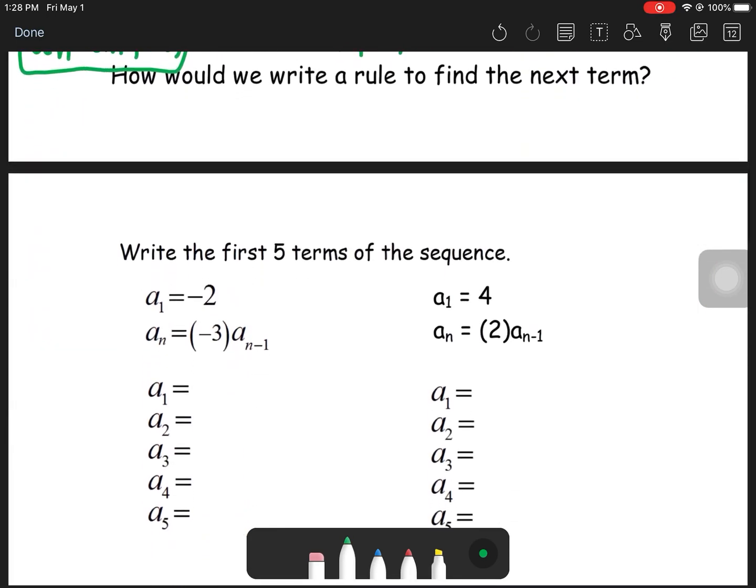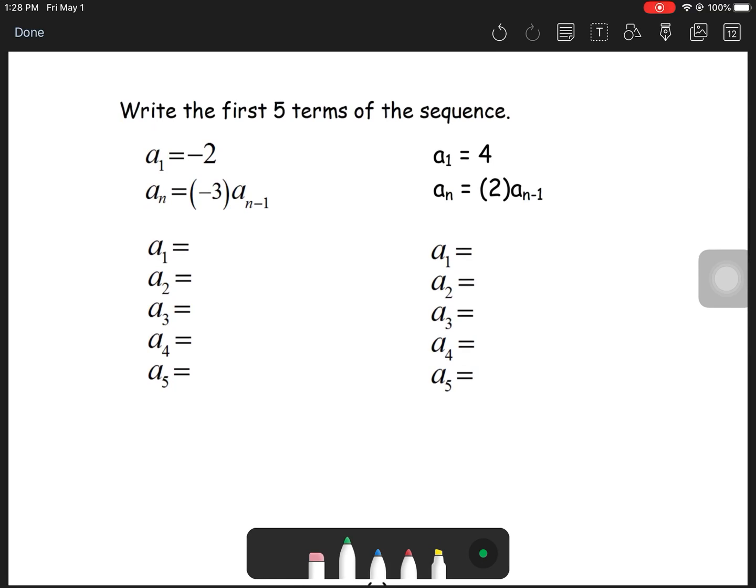Okay? All right, so we are going to write the first 5 terms of a sequence, and we've been given our rule. I don't particularly like the way they write this rule, but I think they do it in that way so it was easier for people to understand, they put the n minus 1 at the end so it doesn't get confusing. But we already know that -2 is our first term.